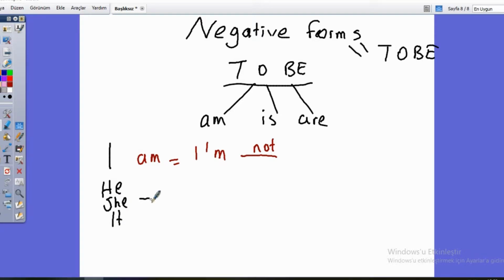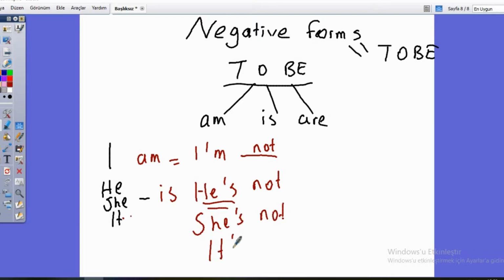To be is here, is. So we can say he is not, she's not, it's not, it is not, or we can say he is not, she is not, or it's not. And we have, of course, plural subject pronouns.